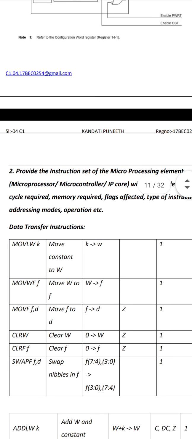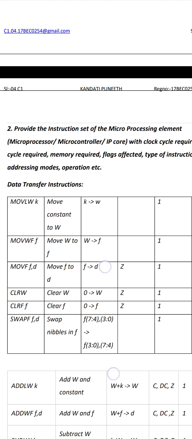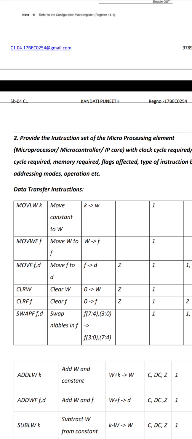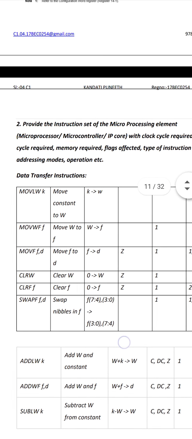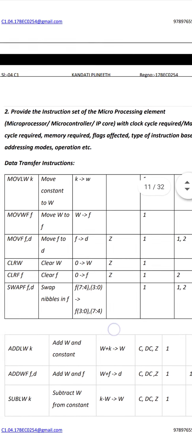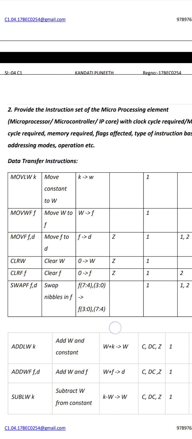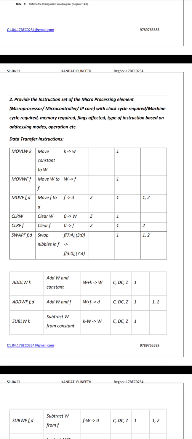And coming to the second question, here we have to provide the instruction set of the microprocessing element with clock cycles required, cycles required, memory required, flags affected, type of instruction based on addressing modes and operation, etc. And this is the systematic table of the data transfer instructions.